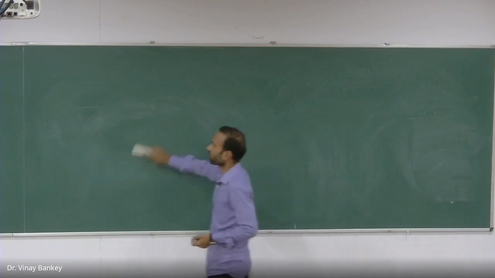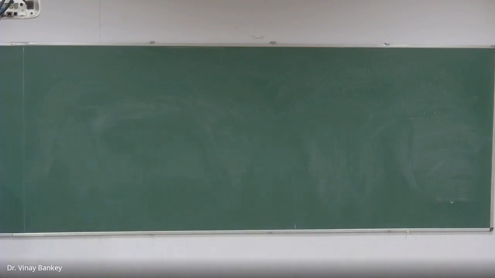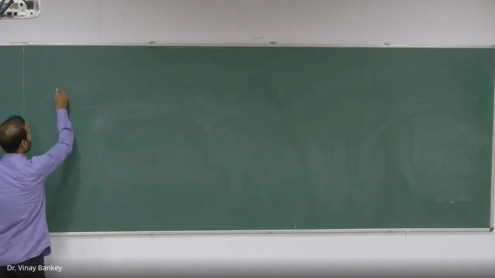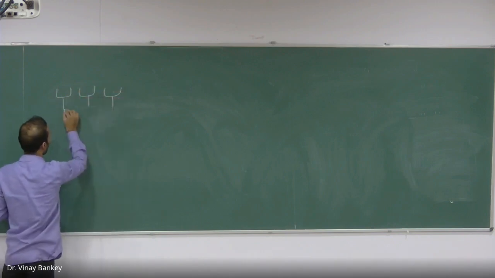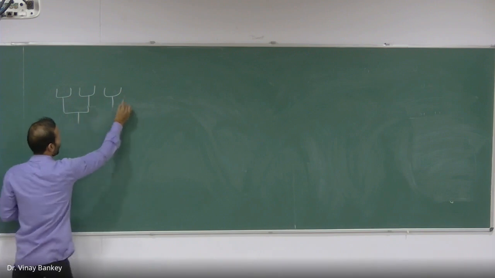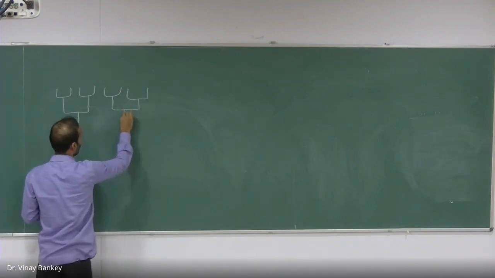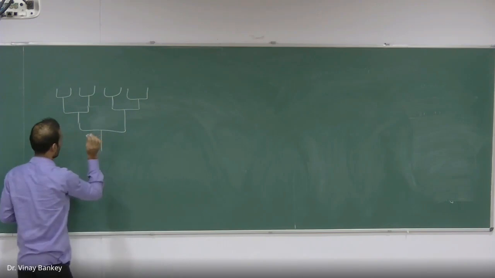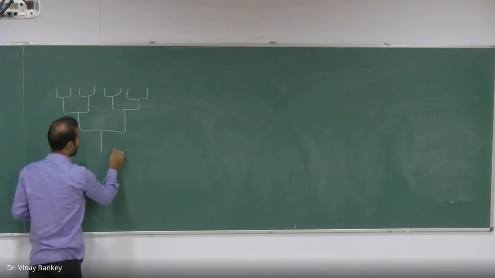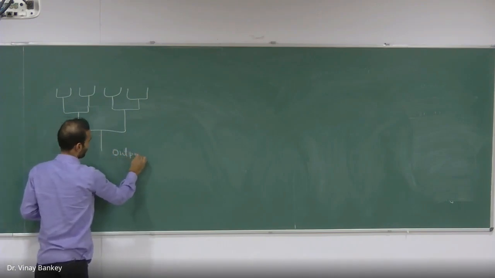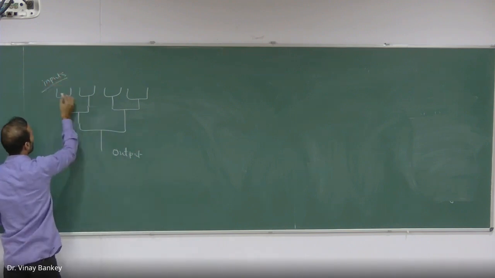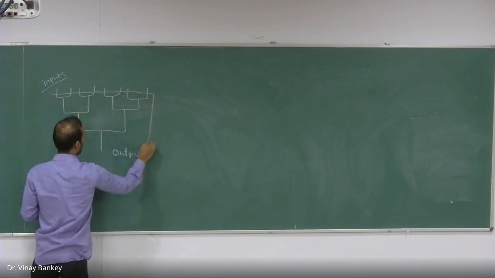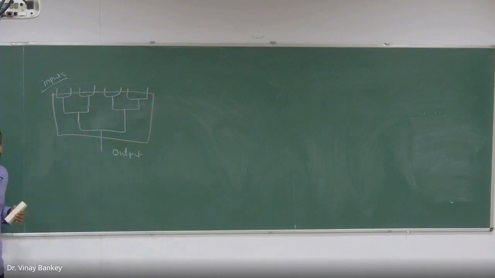So that is also called a multiplexer tree. Okay, see, if I draw like this, so let's say this is output and these are the inputs. So total, this is an 8x1 multiplexer, isn't it?